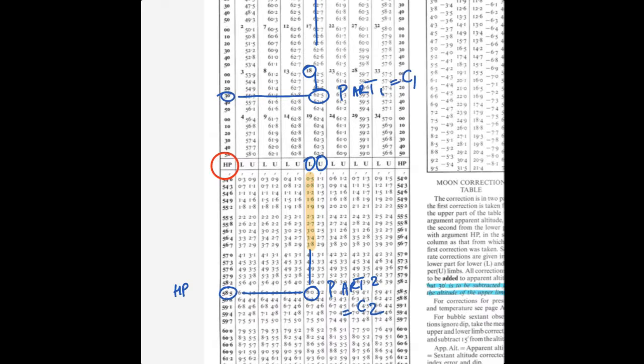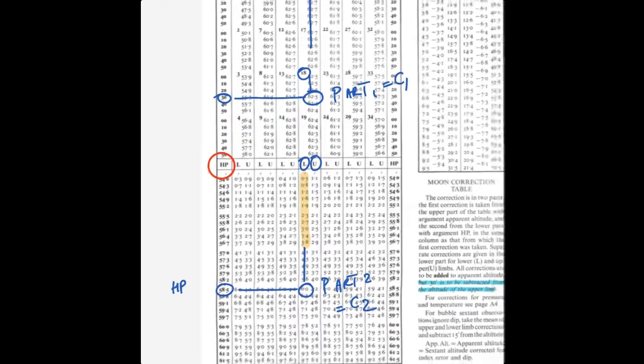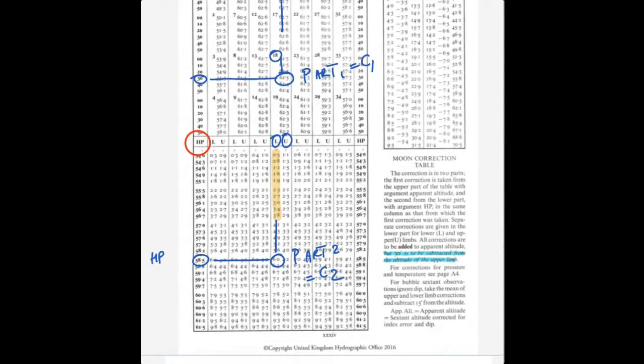Now, I wonder, what should I do with these two corrections? Are they to be added or subtracted? I know they are to be added, but again, if you have accidentally forgotten this at the examination, take again your reading glasses and read what is mentioned here. All corrections are to be added to the apparent altitude. And again, what is the apparent altitude?